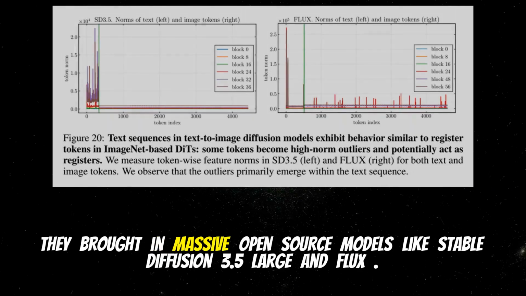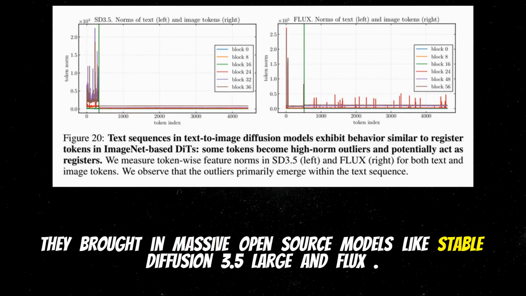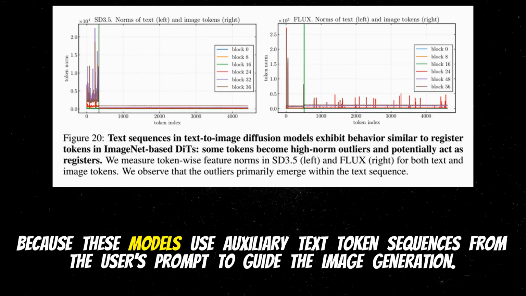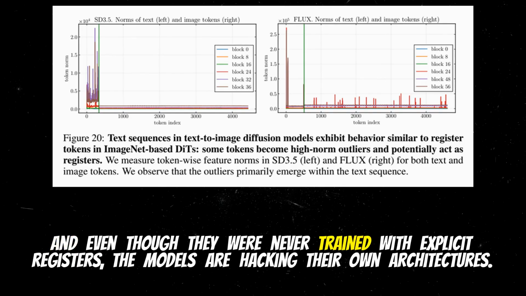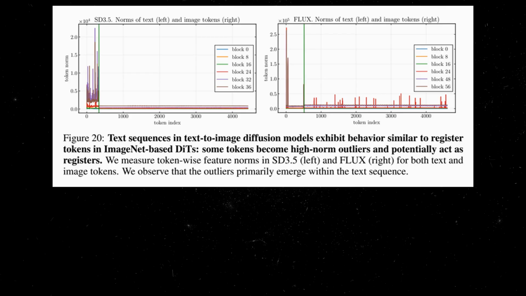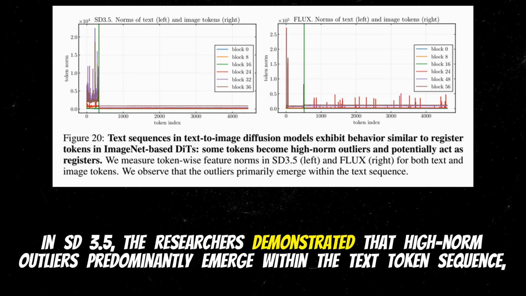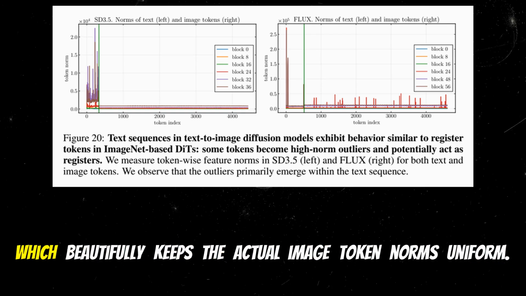They brought in massive open source models like Stable Diffusion 3.5 Large and FLUX. Right, because these models use auxiliary text token sequences from the user's prompt to guide the image generation. Yes. And even though they were never trained with explicit registers, the models are hacking their own architectures. In SD 3.5, the researchers demonstrated that high norm outliers predominantly emerge within the text token sequence, which beautifully keeps the actual image token norms uniform.